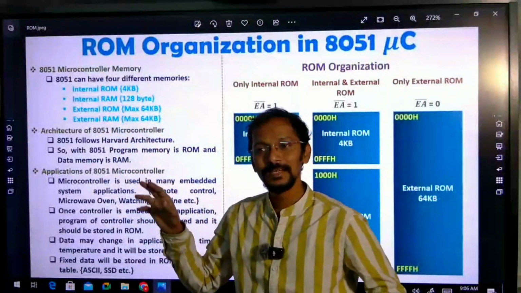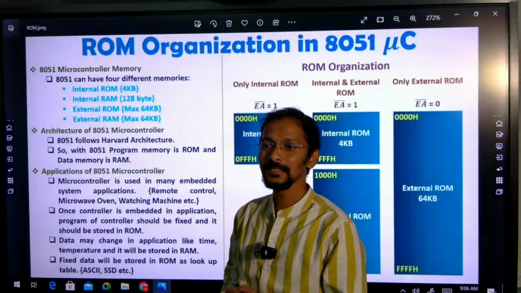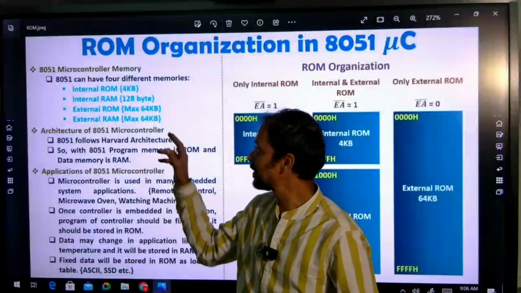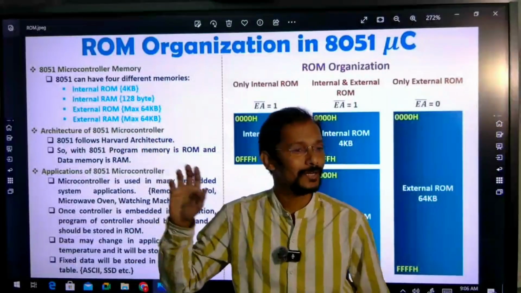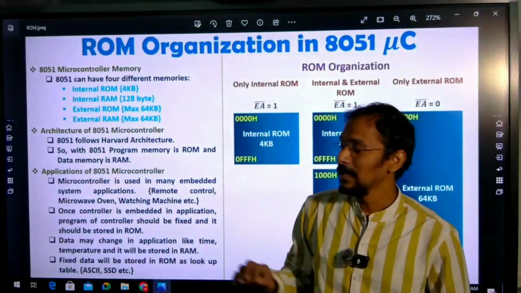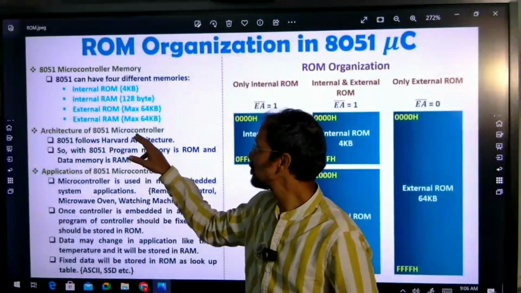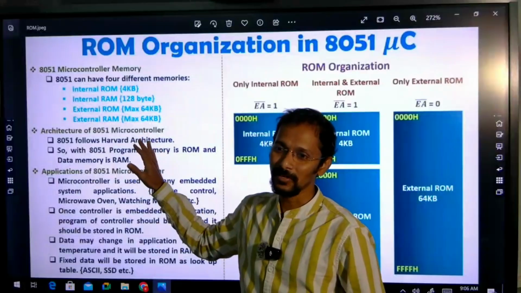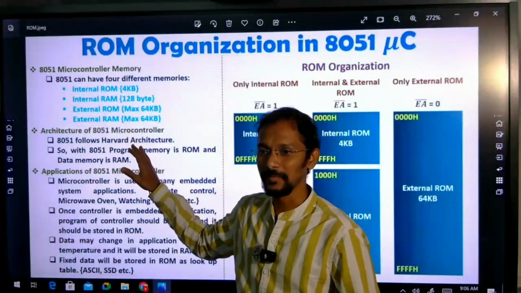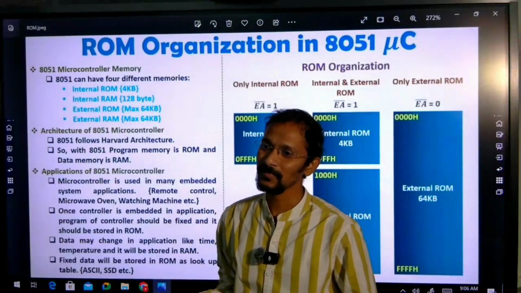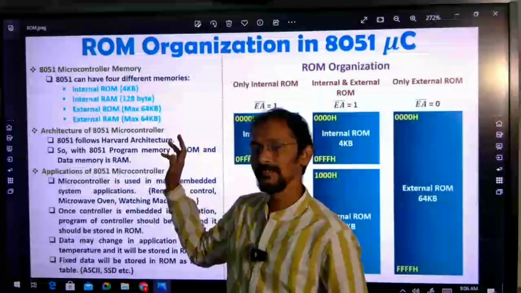The ROM is a permanent memory, meaning we load the programs or codes in it, and RAM is a volatile memory. After the power gets cut off, the data will be lost in the RAM. So RAM is available as 128 bytes, and we can extend it up to 64 kilobytes.